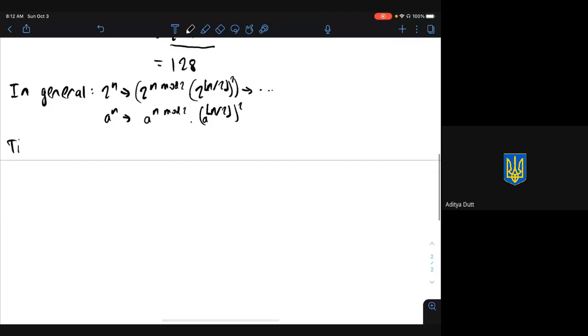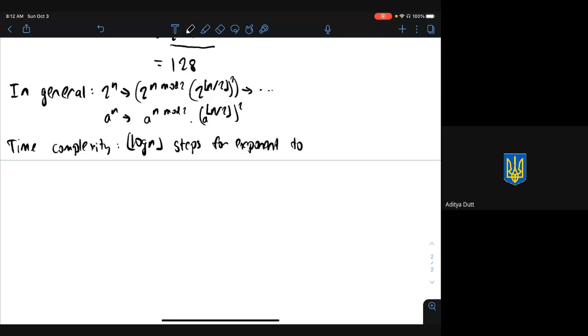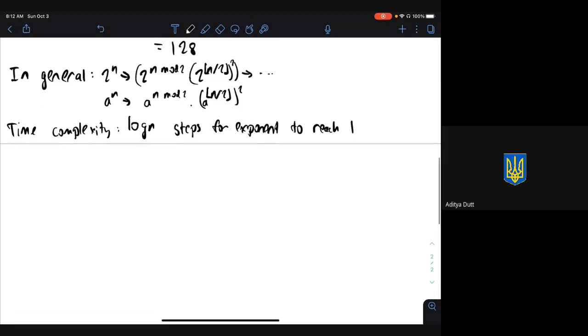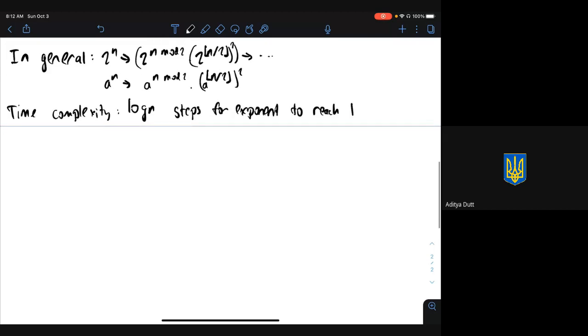So the time is log n steps for exponent to each one. Not floor, just log. So we'd say that the algorithm is O of log n.